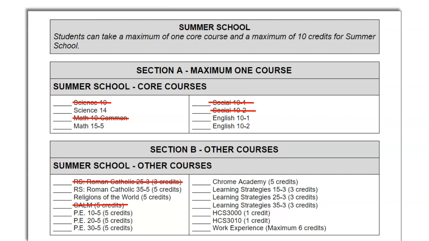French immersion students should not select to take any of these courses for summer school. RS Roman Catholic 15-3, 25-3, and 35-5 or 35-3 do not need to be taken in order. Therefore, students can take RS Roman Catholic 25-3 or 35-5 before taking 15-3.